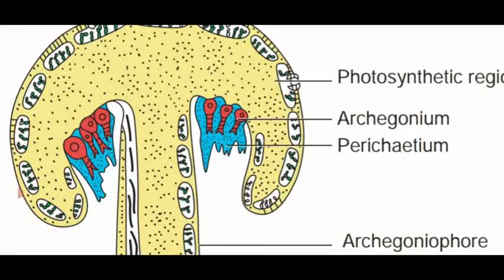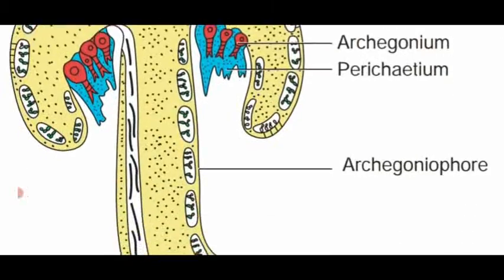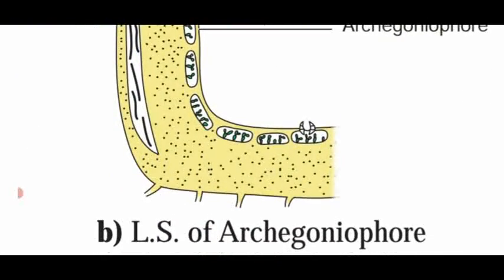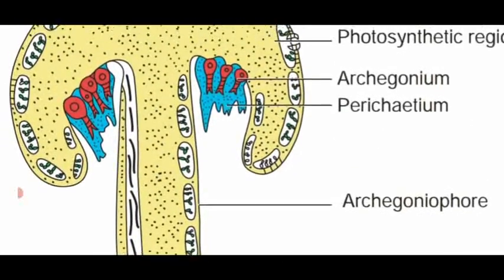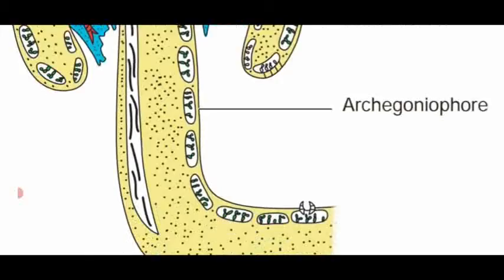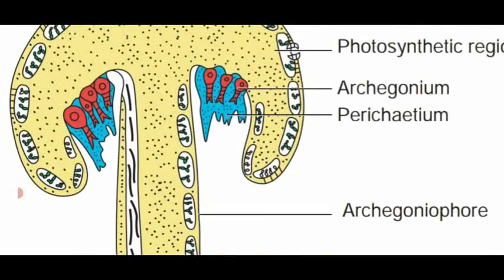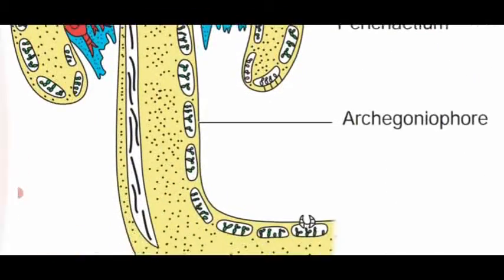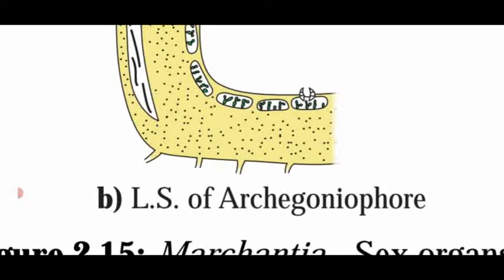In this archegonium, fertilization takes place. So the two sex organs are located in different thalli. The biflagellate antherozoid, attracted by the chemical substance produced in the archegonium, swims in the water, reaches the archegonium and produces the diploid zygote. This diploid zygote afterwards produces the multicellular sporophytic structure.